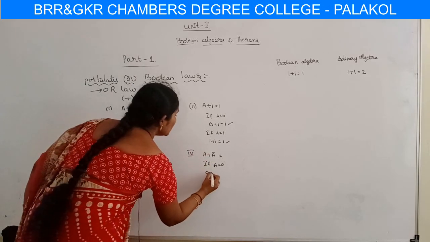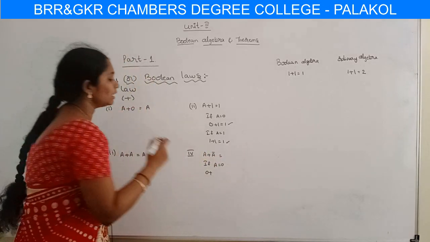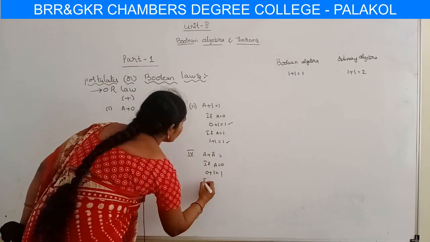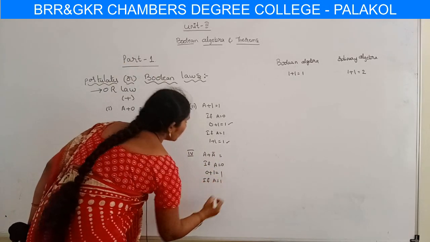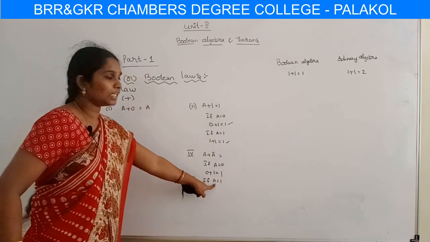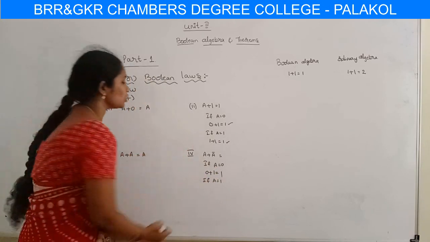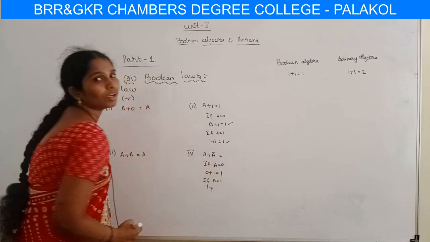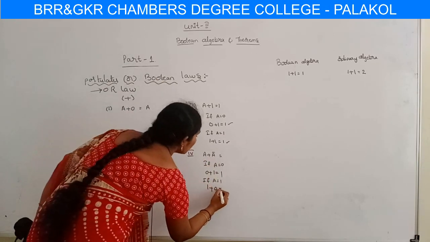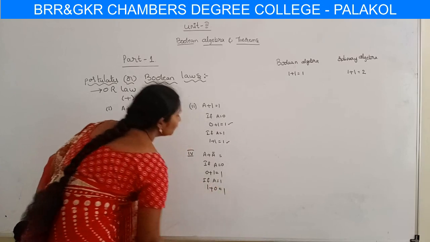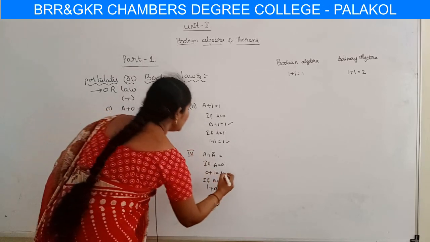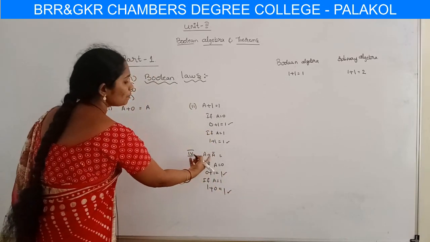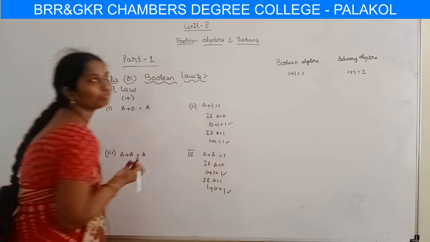So 0 plus A bar, which is 0 plus 1, is 1. After that, consider A is equal to 1. Substitute in this equation, so that is 1 plus A bar, and 1 bar is nothing but 0. So 1 plus 0 is equal to 1. Therefore, finally, from these two results we can say A plus A bar is equal to 1.